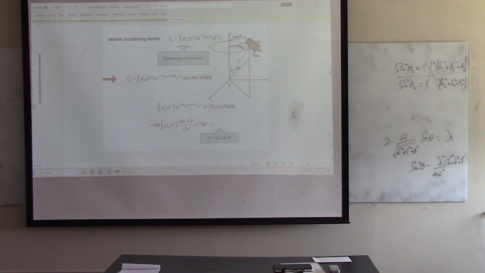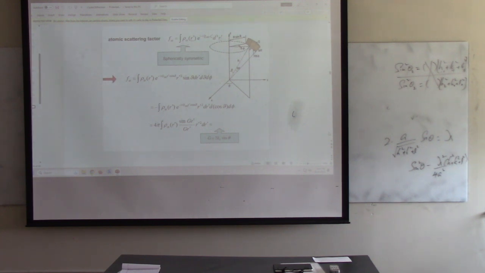So if you do this one, you get r squared dr sine theta d theta d phi. You get 2 pi coming here, right? That's it. So then you have to do this integral.